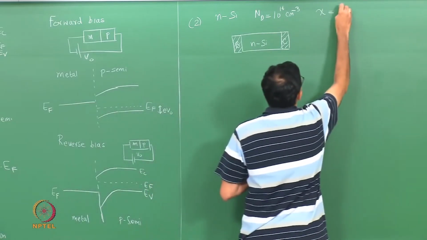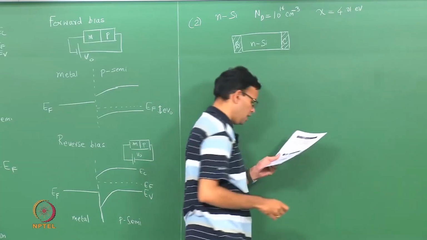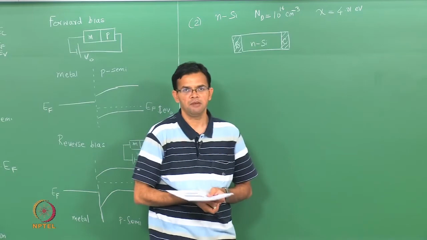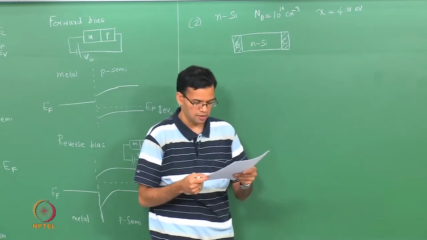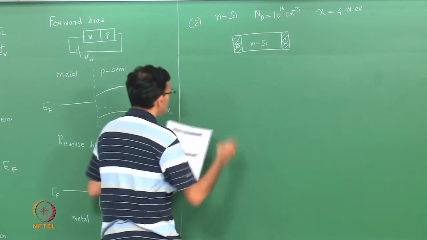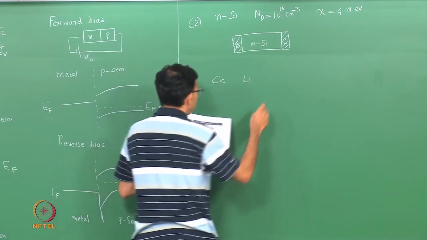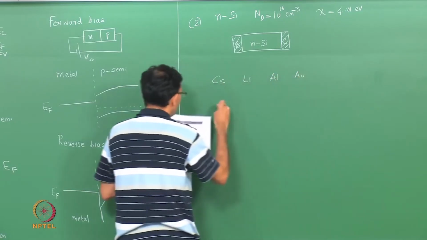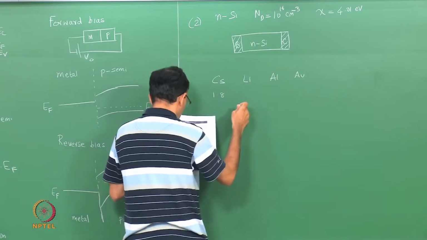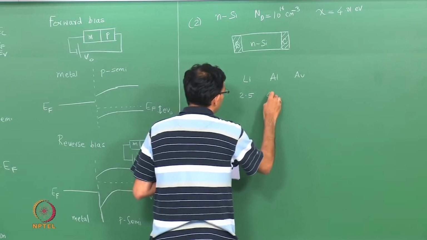So, chi is 4.01 eV, and there are 4 potential metals which can be used for these contacts and their work functions are given. So, we have cesium, lithium, aluminum and gold, and their work functions are essentially given.